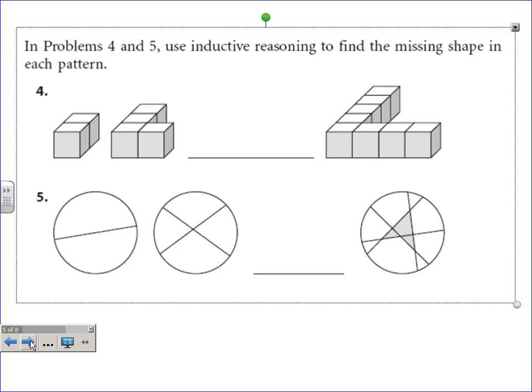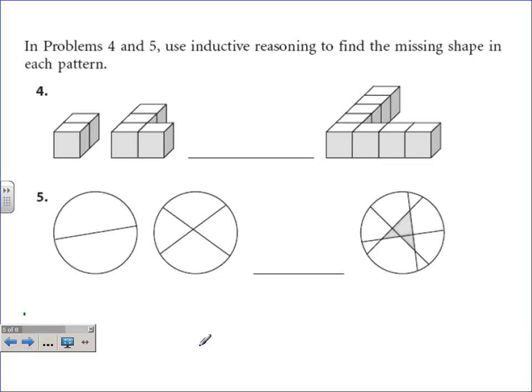Okay. Sometimes patterns can also be visual as well. So, it looks to me like for this one, we always start off with this part here.